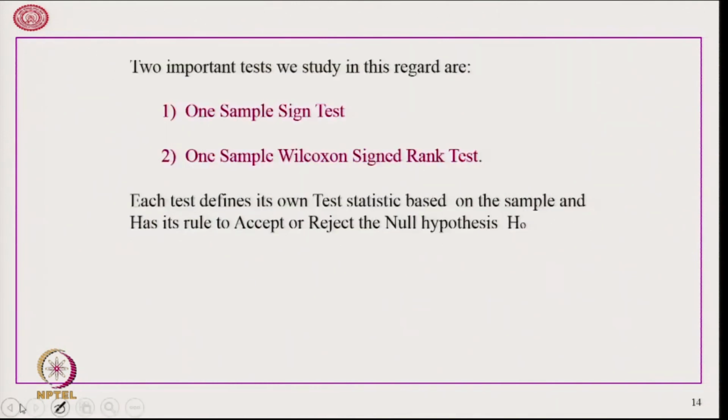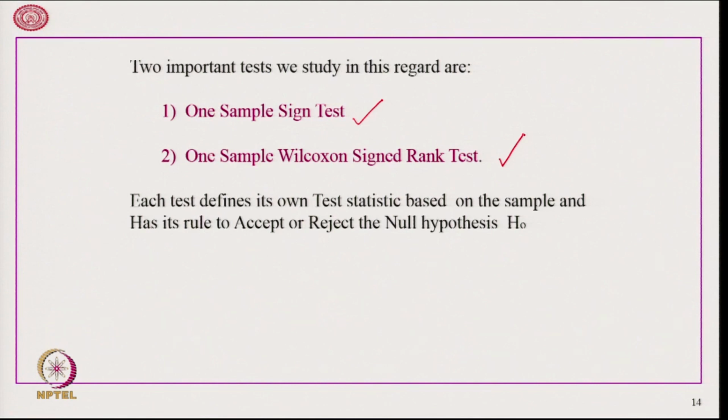Two important tests in this regard are the one sample sign test and the one sample Wilcoxon signed rank test. So, in this lecture we shall be studying these two tests in detail.